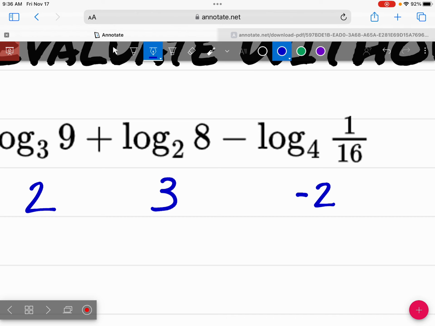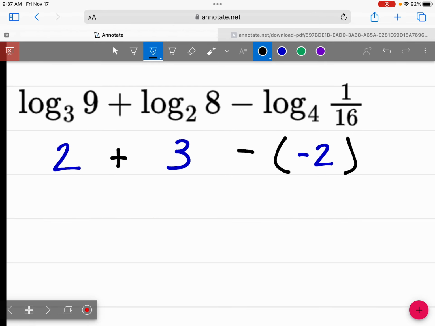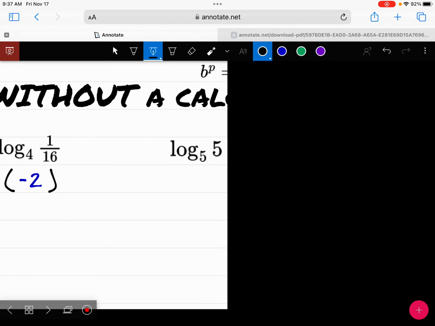So we have 2 plus 3 minus -2. 2 plus 3 minus -2 is 7. So zoom it in, do each one individually, and then do your operation. Okay?